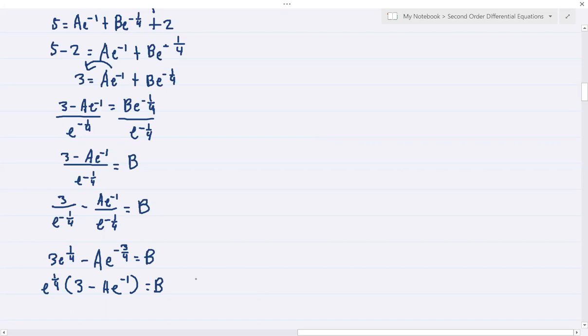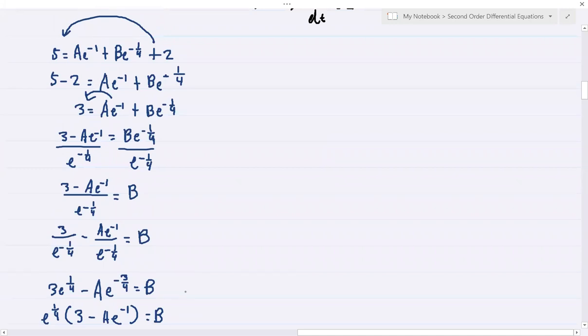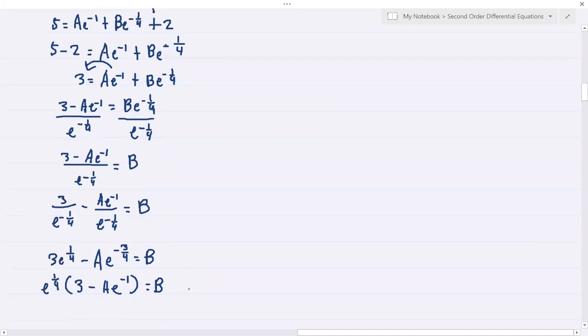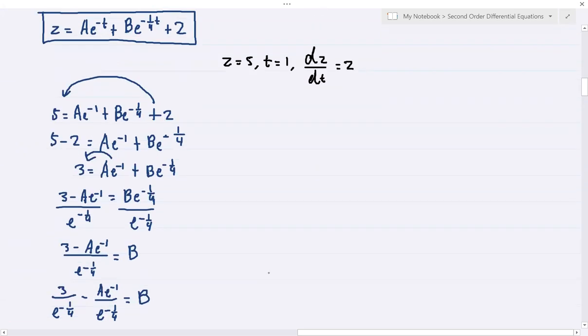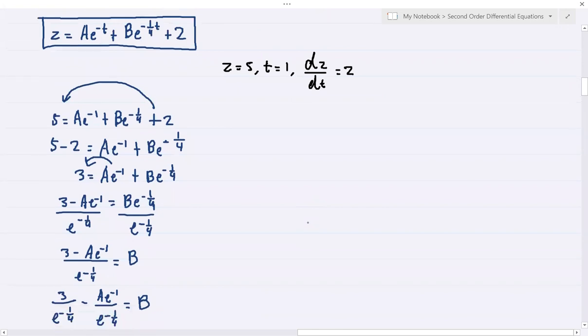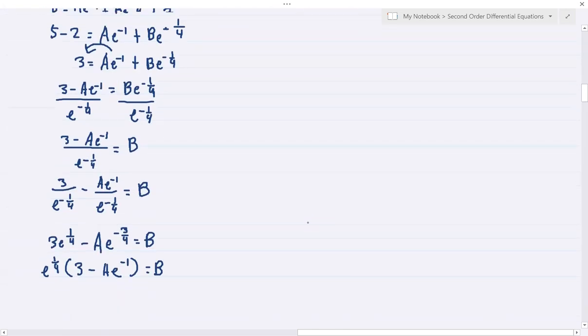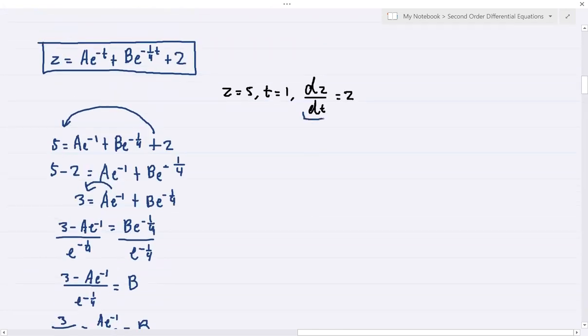Now again, you cannot find your B by simply substituting this one to your general solution. So we cannot do that. Especially that we are also finding your A. So by doing so, we can have another equation to substitute. Because remember, we have dz all over dt. So that means we're going to get the derivative of your general solution.